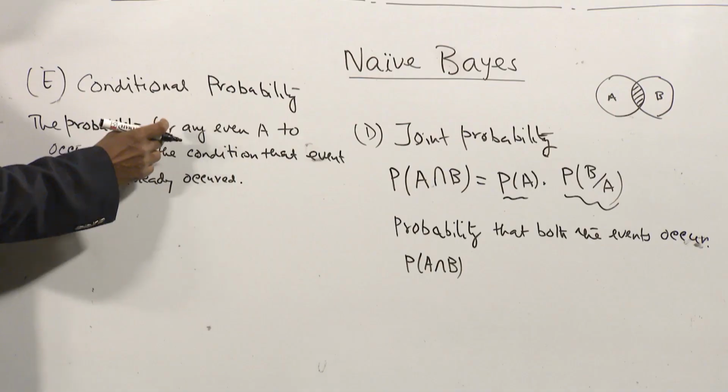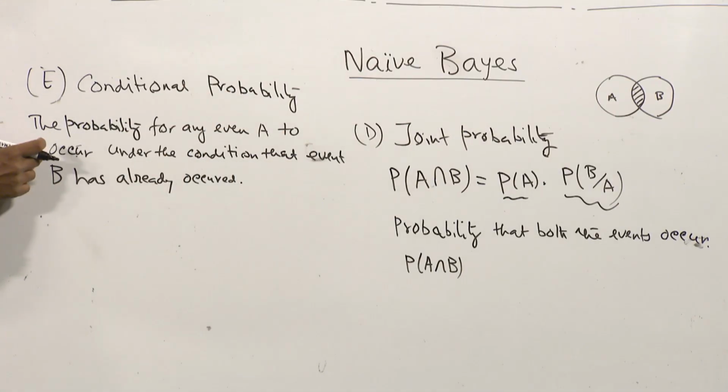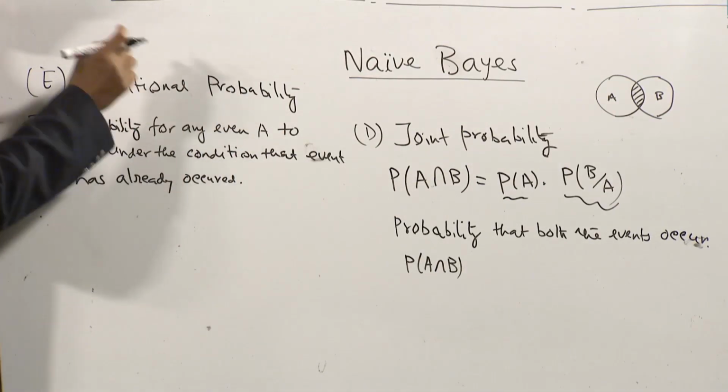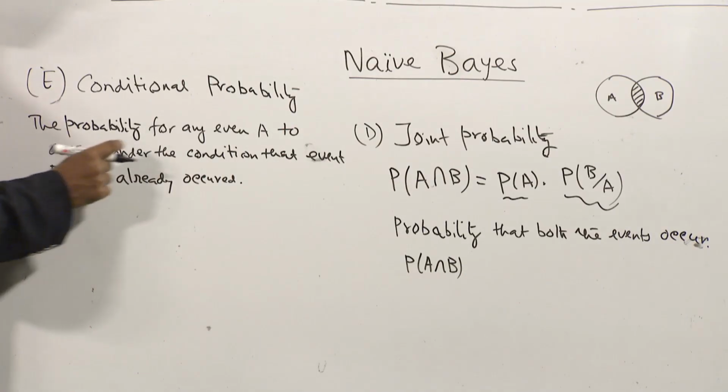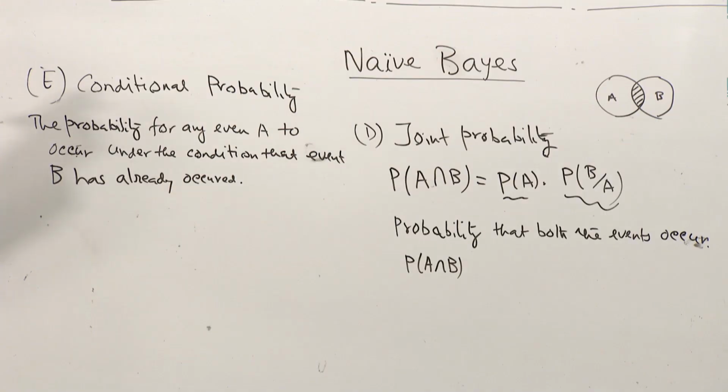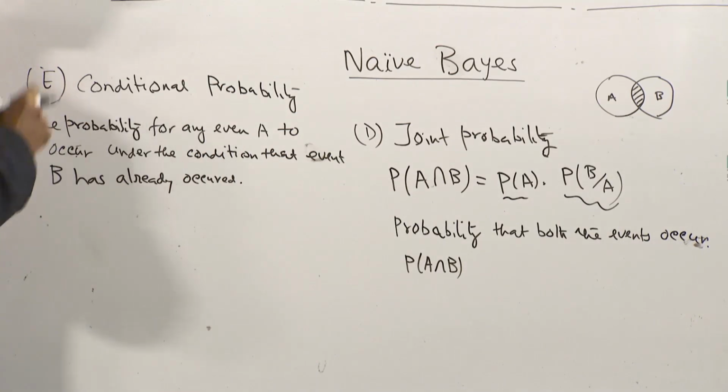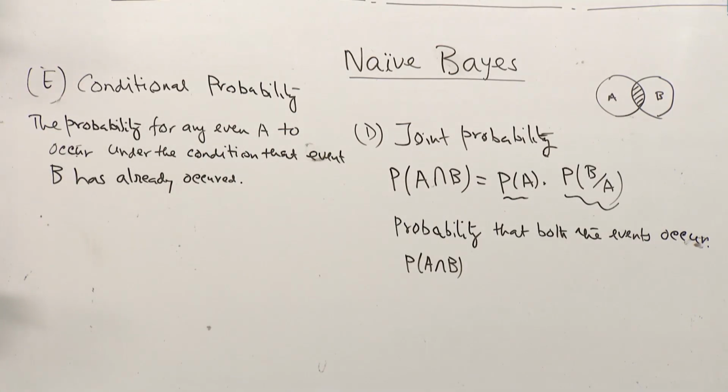We are calculating the probability of any event A to occur, but under what condition? Under the condition that B has already occurred. You have already gone to Mussoorie, what is the probability that I will also go? That is the conditional probability. Shall I follow you and go, or shall I not follow you? Okay.